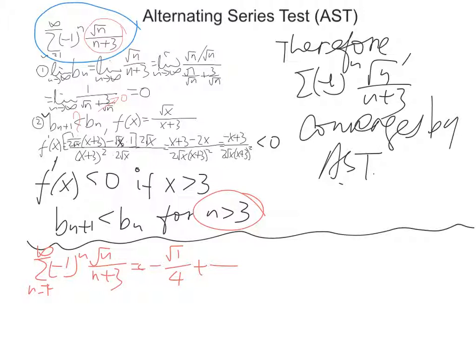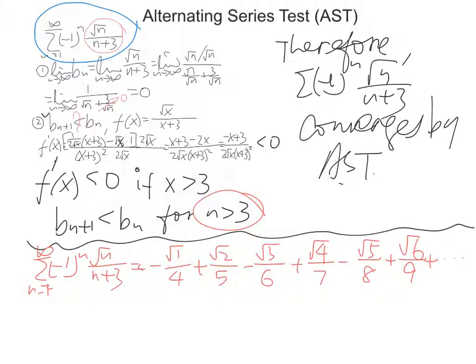The next term is going to be positive, square root 2 over 5, then minus square root 3 over 6, and then plus square root 4 over 7, minus square root 5 over 8, and plus square root 6 over 9, and so on and so forth.